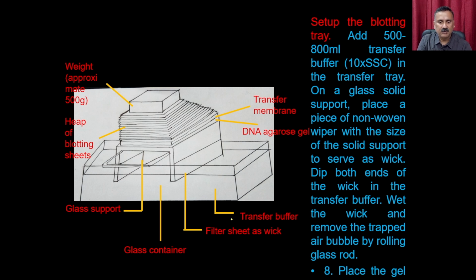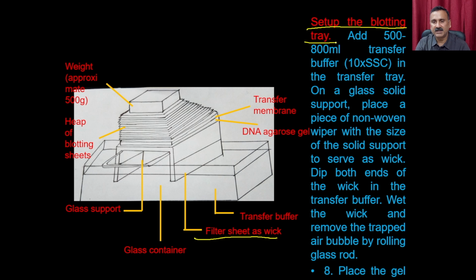Below that you are going to have the transfer tank. In this transfer tank you are going to have the transfer buffer, and the transfer buffer is connected to the gel with the help of the wicks, right. You see these are the wicks, which are going from the top.